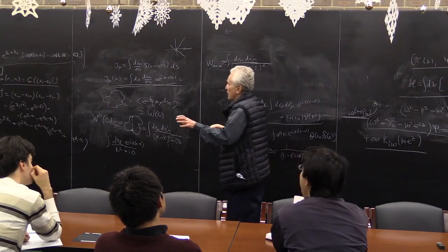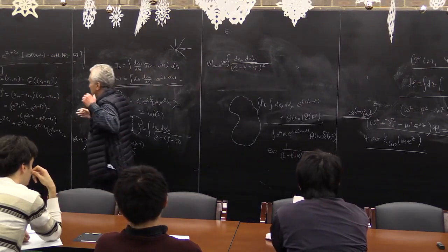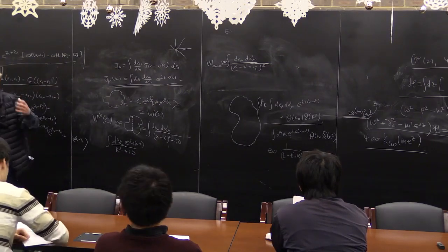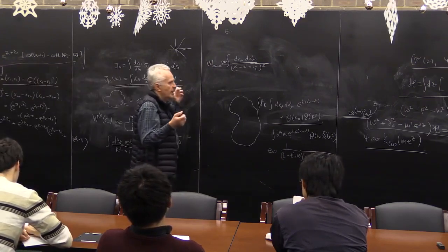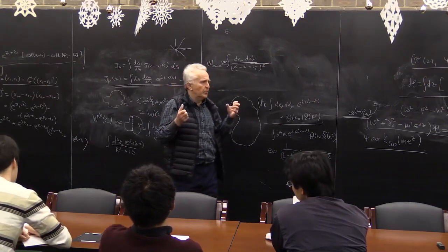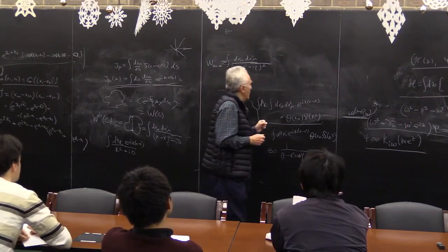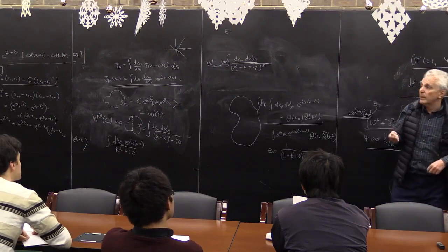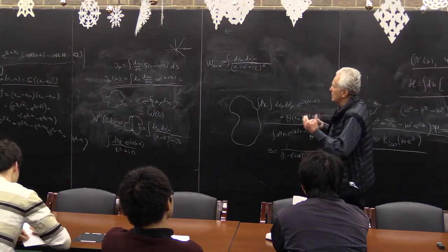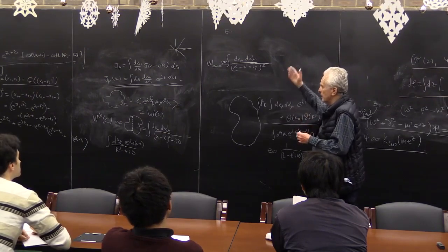So that's what I was telling you from the beginning, that the original Wilson loop itself measures basically interaction energy between quarks, while this modified Wilson loop, which is quite interesting, in principle measures emitted energy.